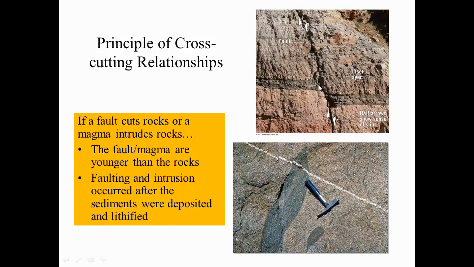Here, for an example, in this upper photograph, we see this near vertical fault cutting through the layered sedimentary rocks. As a matter of fact, we see that on both sides of the fault, these rocks have been offset due to differential movement.